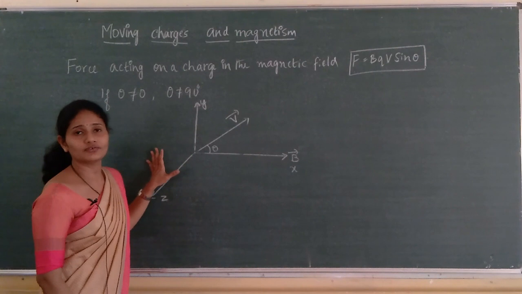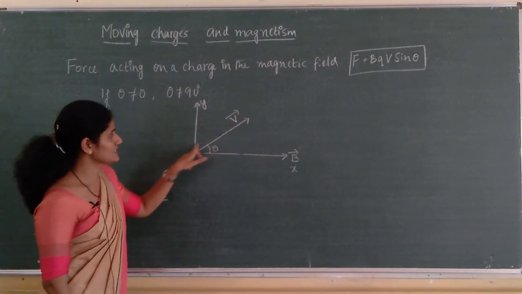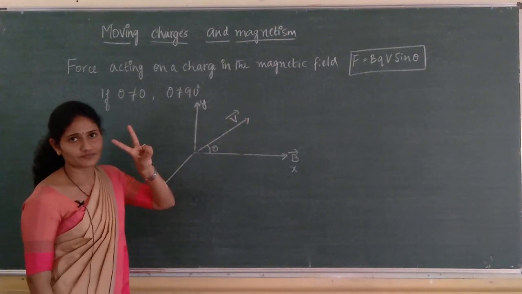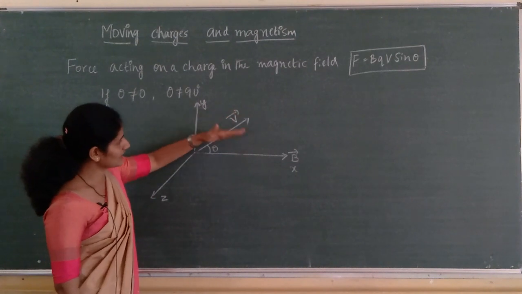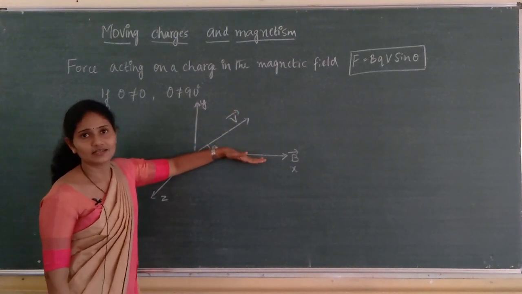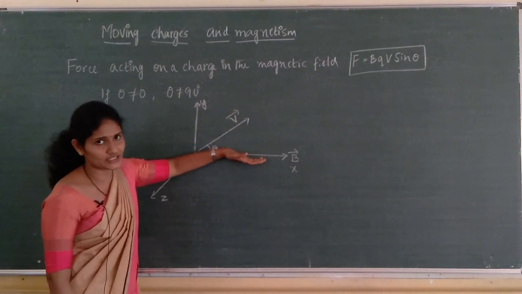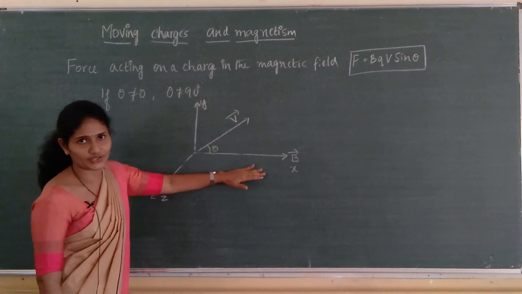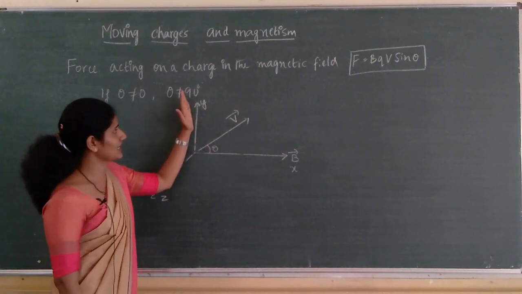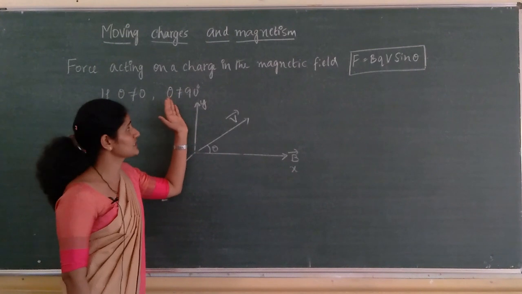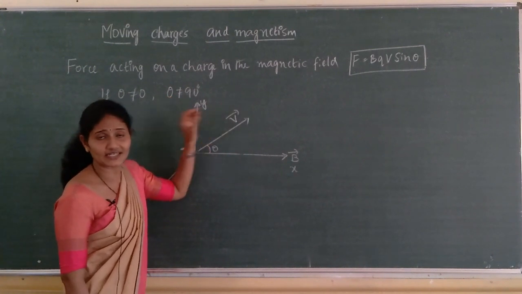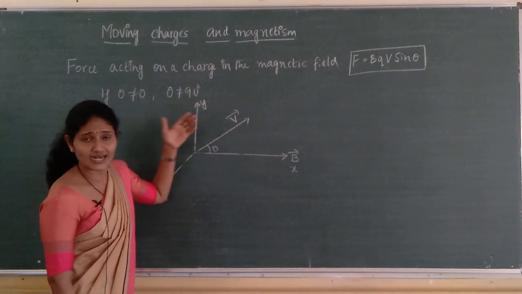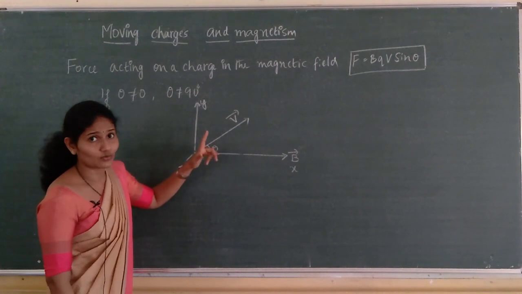What we have to do now? This vector has two components. If a vector is lying along the x-axis, then it has only an x component and its y component is 0. Similarly, if a vector is parallel to the y-axis, then it has only a y component and its x component is 0.